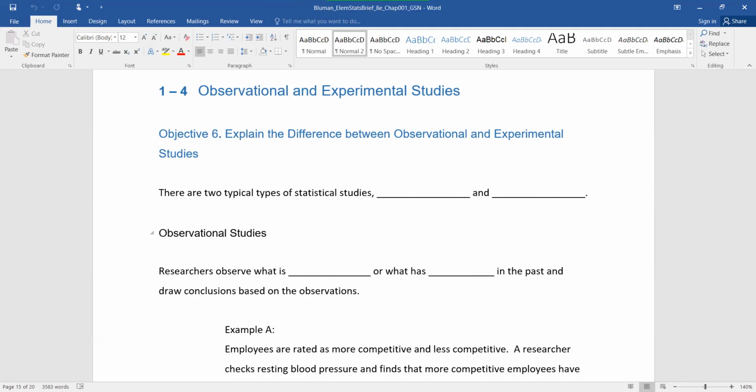So objective 6, we're going to explain the difference between observational and experimental studies. There are two typical types of statistical studies. They are observational and experimental. Love these vocabulary words in the title. So again, this would be observational and experimental.